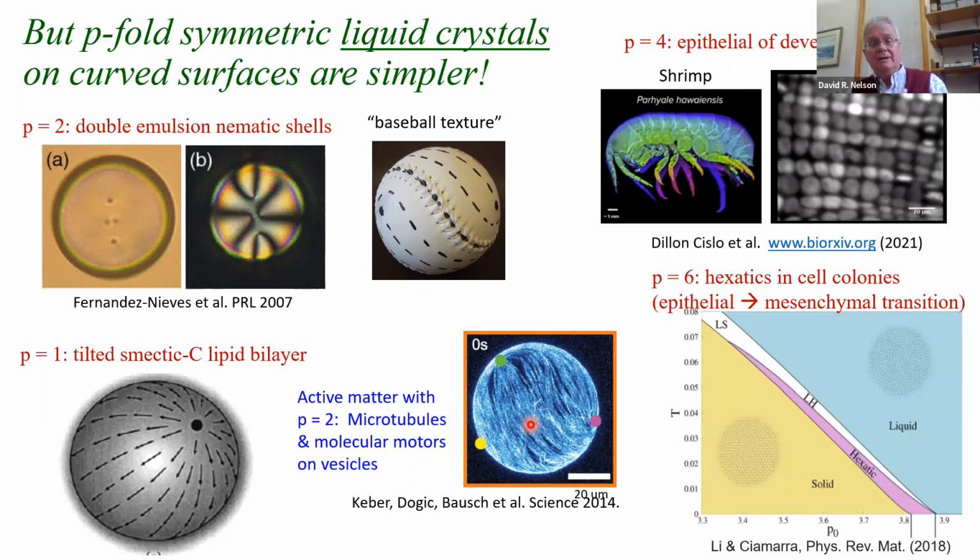That's an example of a 6-fold, not a 4-fold or 2-fold, symmetric liquid crystal. There's some evidence for hexatic order, with this liquid-crystal-like behavior, in cell colonies that undergo the epithelial to mesenchymal transition.